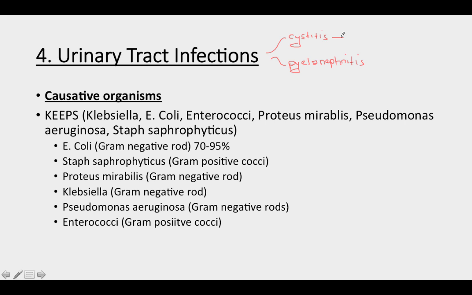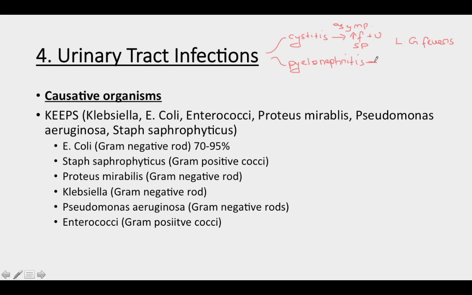It typically presents with urinary dysfunction, so increased frequency and urgency, and maybe a bit of suprapubic tenderness and low-grade fevers. And most of the time in women it is actually asymptomatic.